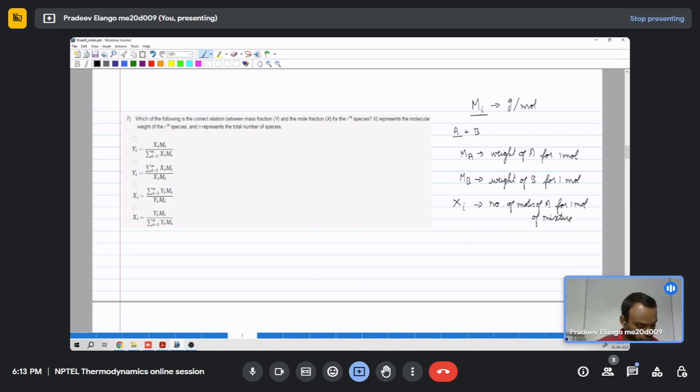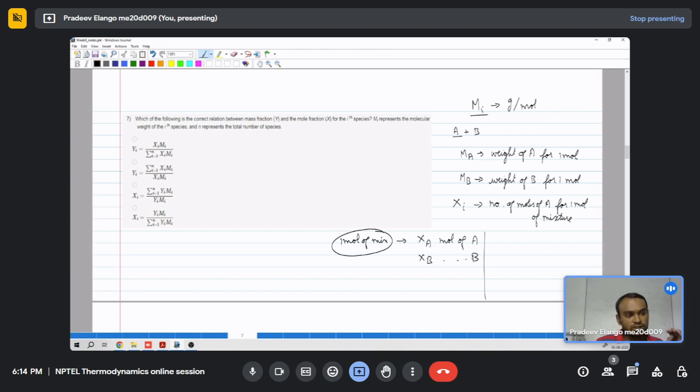Okay, so now we have 1 mole of mixture, and we know there will be xa moles of gas A, or the species A, in this 1 mole of mixture, and similarly xb moles of B in the same 1 mole of mixture.